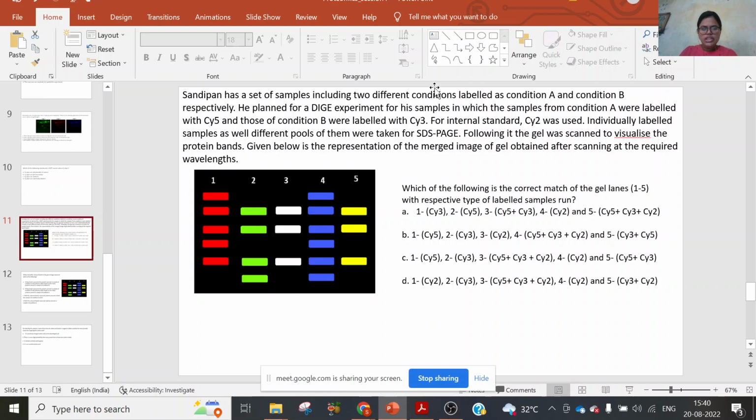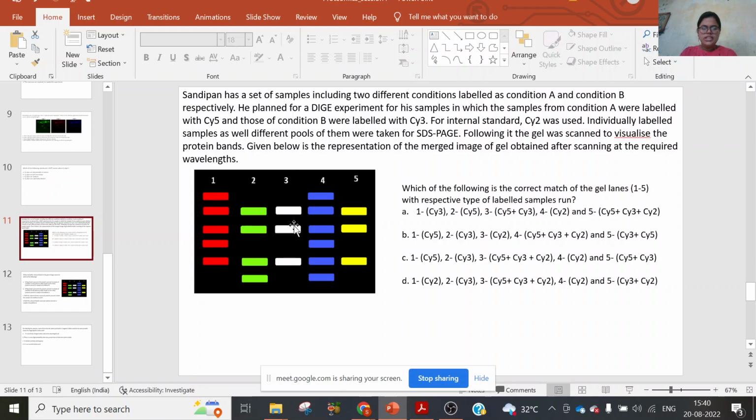So individually labeled samples as well as different pools of them were taken for SDS-PAGE. Following it, the gel was scanned to visualize the protein bands. Given below is the representation of the merged image of the gel obtained after scanning at the required wavelengths.